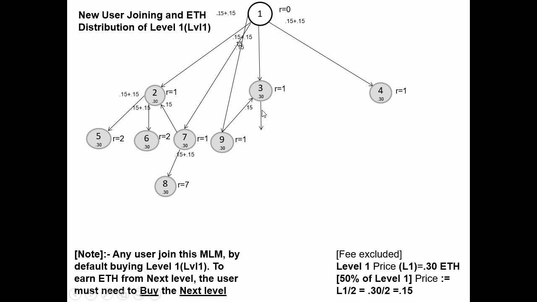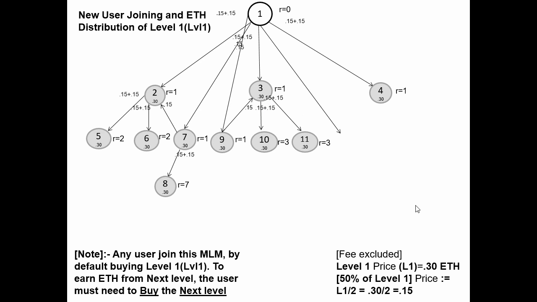If user 3 adds a new user, the user ID will be 10, and both amounts will go to user 3, as an introducer and as it is connected directly with user 3. The next user, 11, is added by user 3, you can see, and in the same way both amounts will go to user 3.